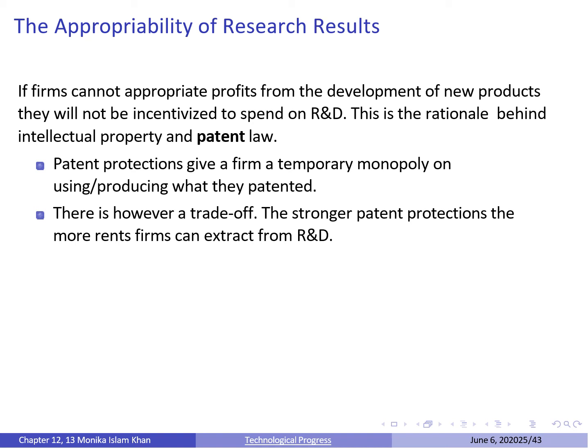For example, when the first ballpoint pen hit the markets, it was patented and cost around $12.50, which is equivalent to $150 today. Ballpoint pens are not very life-saving, but this can also be applied to life-saving drugs, machines, and other medical supplies.